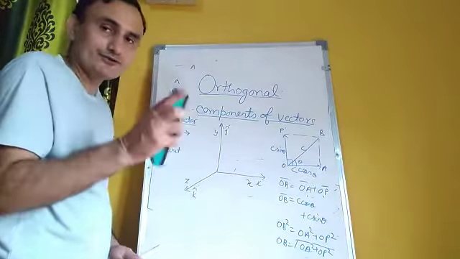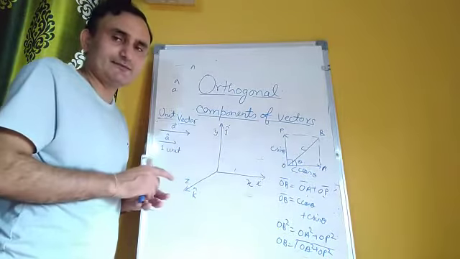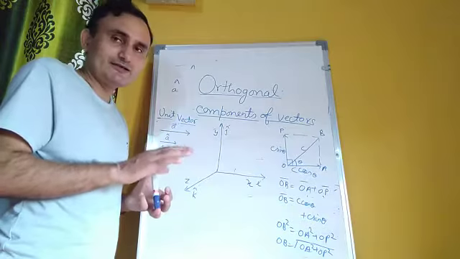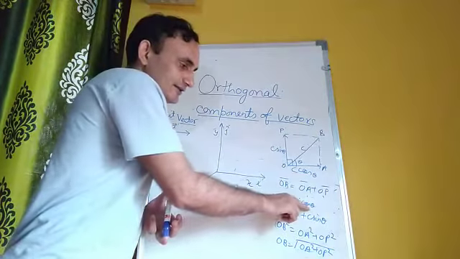The use of this vector is to show direction. We will not multiply a vector with a length, rather we multiply the unit vector with a length. Suppose we have a length here.